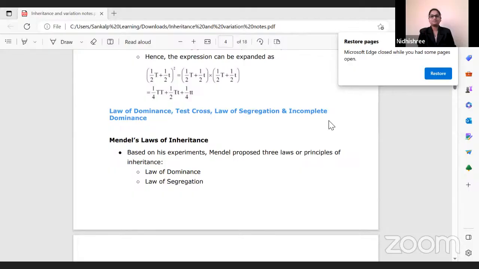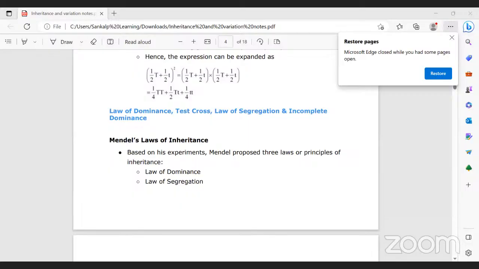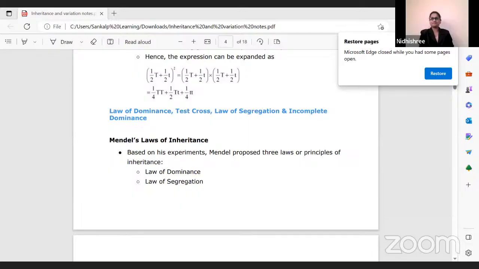Are you here, Kumar? No response. Okay. Chaitra, can you read out the slide?